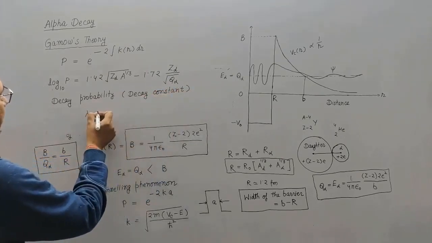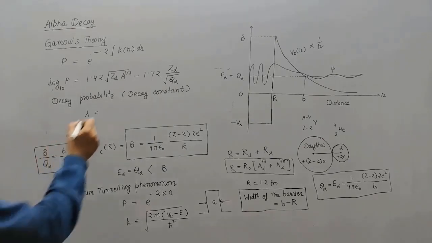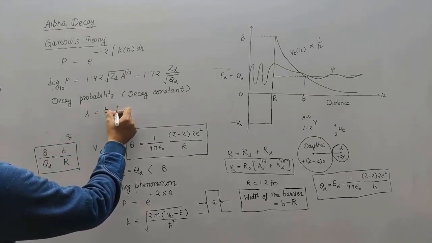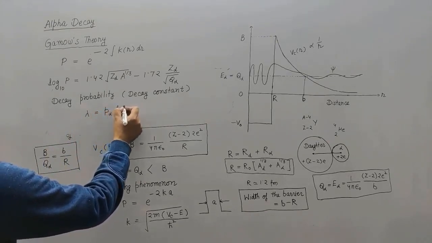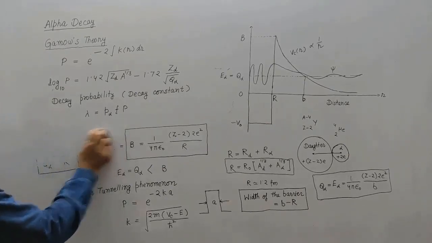So we are interested in this lambda. In the alpha decay process, this lambda will be made up of three terms. First term is P alpha. Second is F. And third is P.